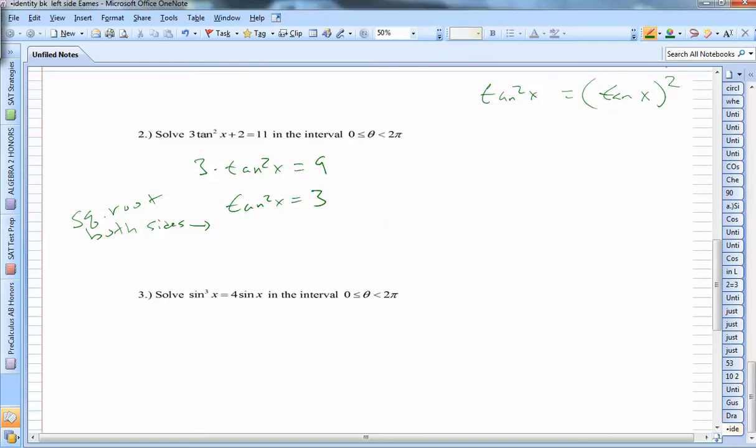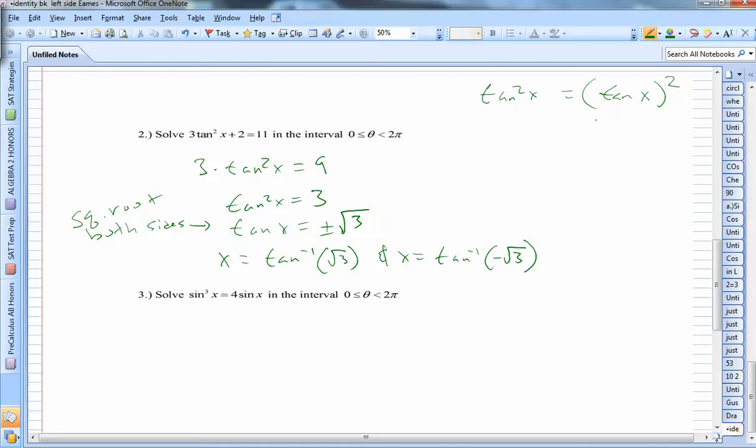So you square root both sides, and you have tan x equals plus or minus root 3. So x will be the inverse tan of root 3, and x will be the inverse tan of negative root 3.